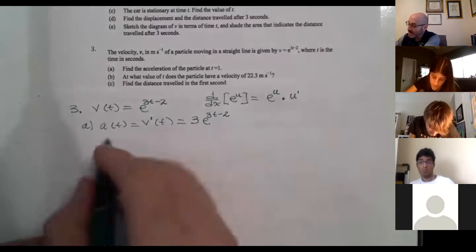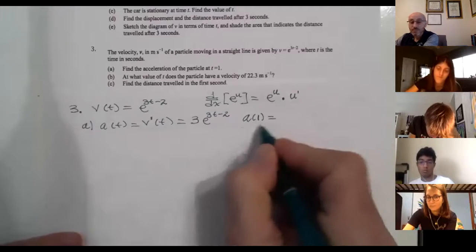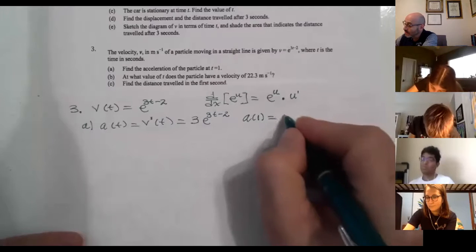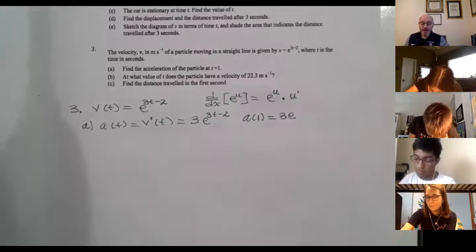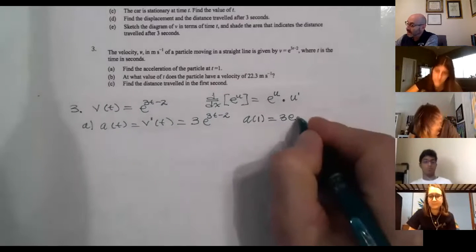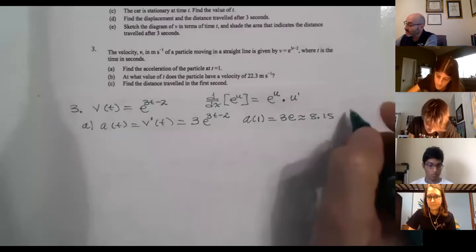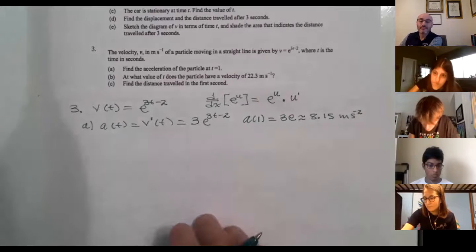Part A is asking for the acceleration when the time is 1, so we plug in 1. That's going to be 3 times e, because 1 times 3 is 3, minus 2 is 1, so e to the 1. And that's about 8.15 meters per second squared.